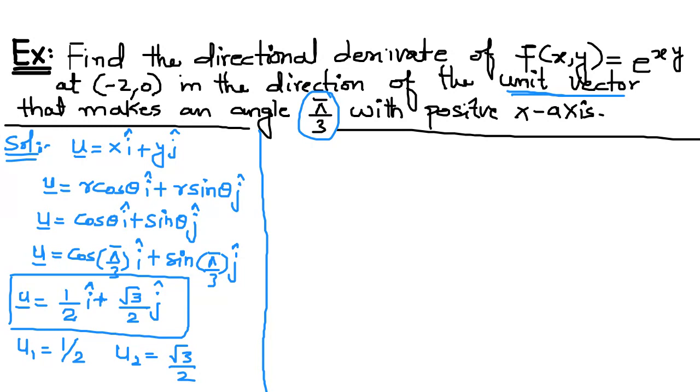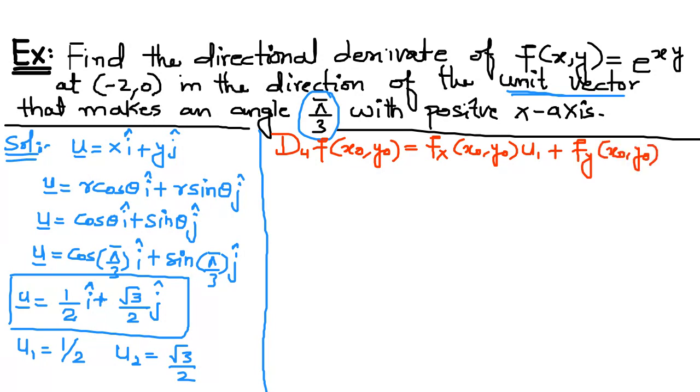Now, what is the formula for the directional derivative? The directional derivative formula is D_u of the function at point (x naught, y naught) is equal to the partial derivative with respect to x at point (x naught, y naught) multiplied by u1, plus the partial derivative with respect to y at point (x naught, y naught) multiplied by u2.